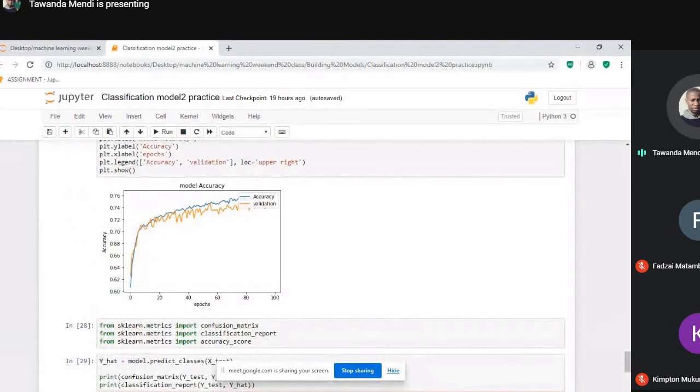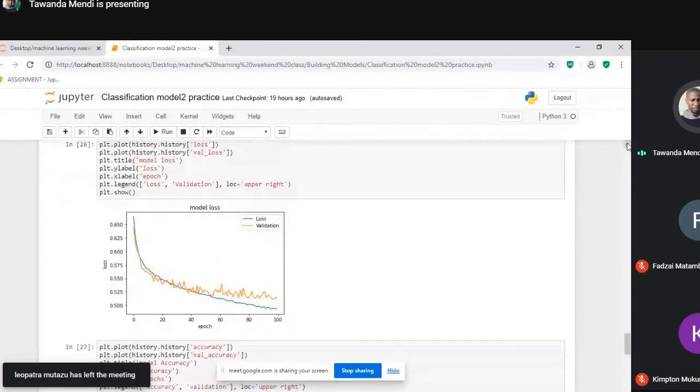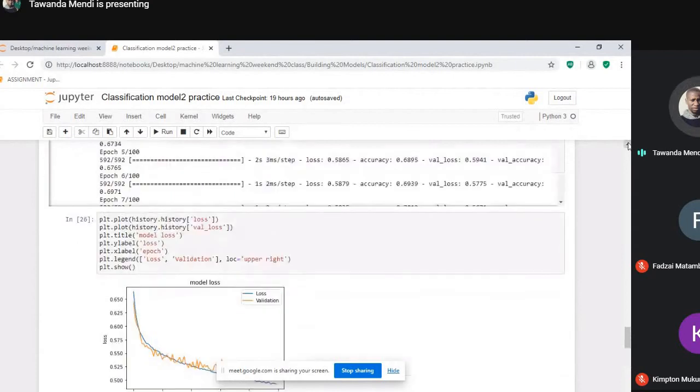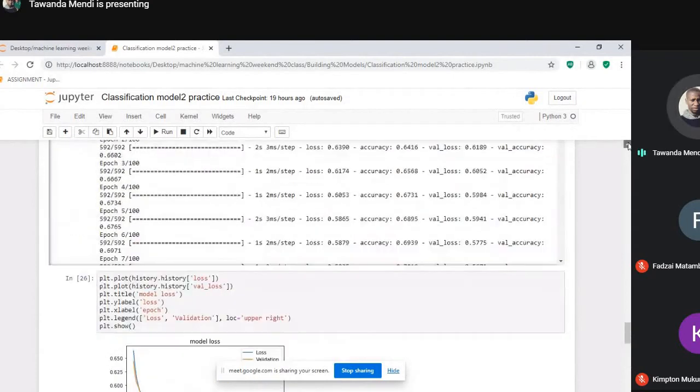Like the graphs, I don't know the meaning of my lines. The loss and validation, and the accuracy and validation. My lines, are they supposed to be close together or are my lines so different?